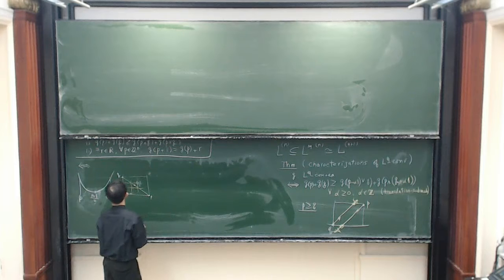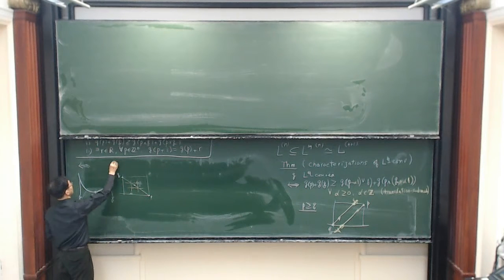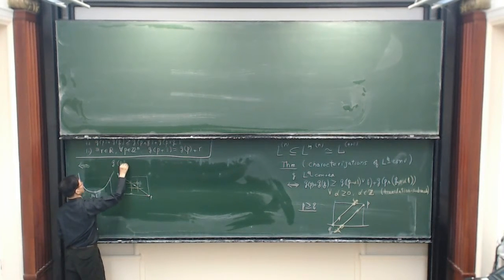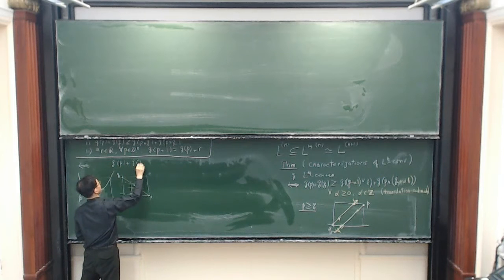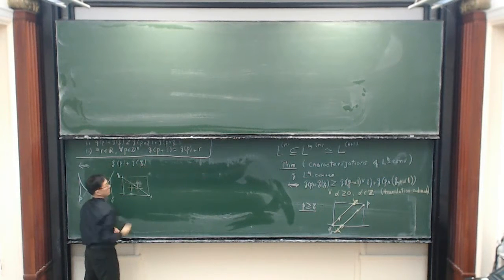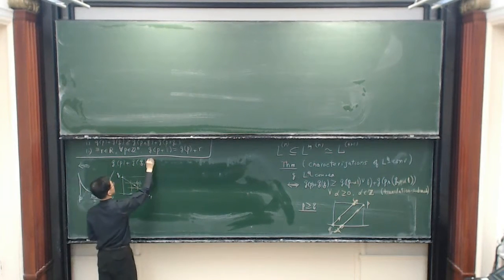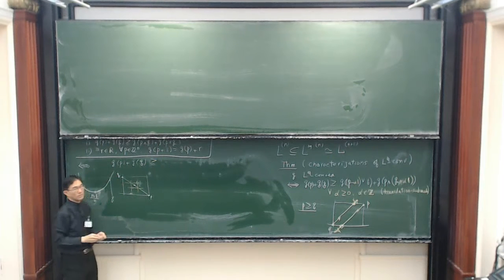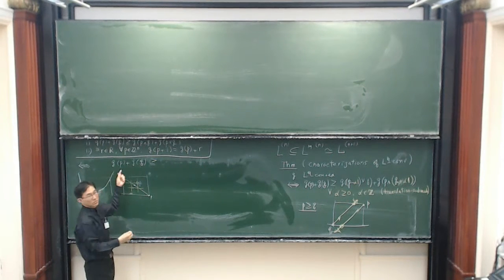So this is the content of the next inequality. We start with, again, the values at P and Q, and it should decrease or remain the same at the middle point.